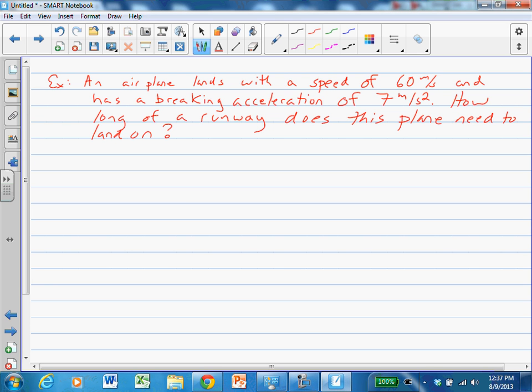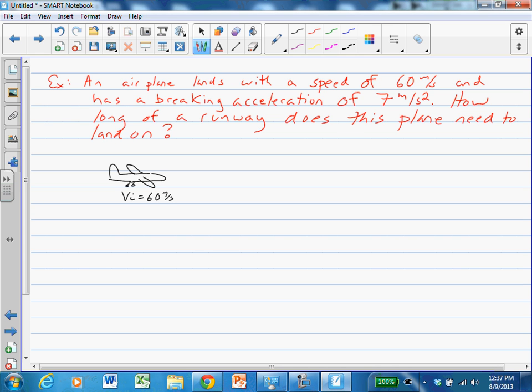Okay, so we have a plane coming in for landing. And it's coming in with an initial speed of 60 meters per second.